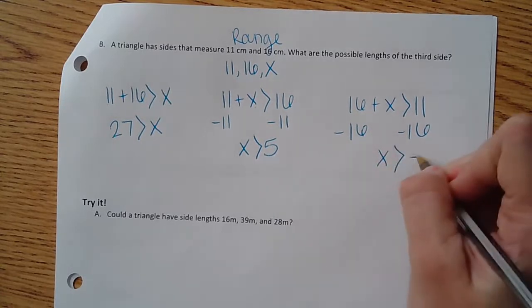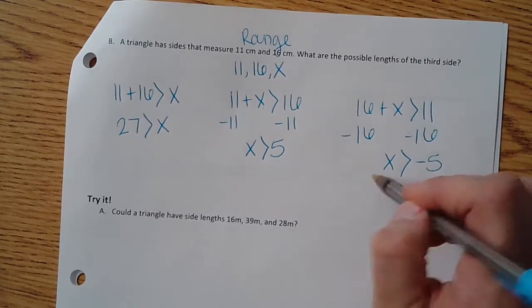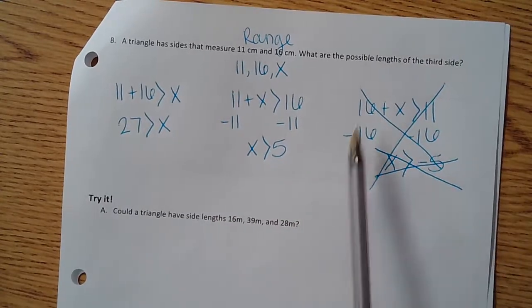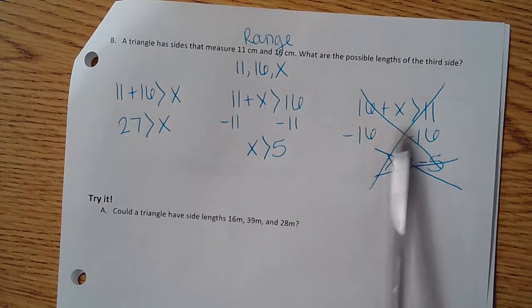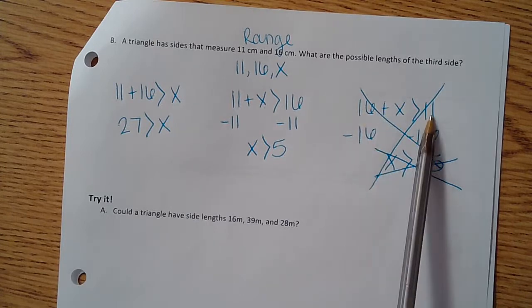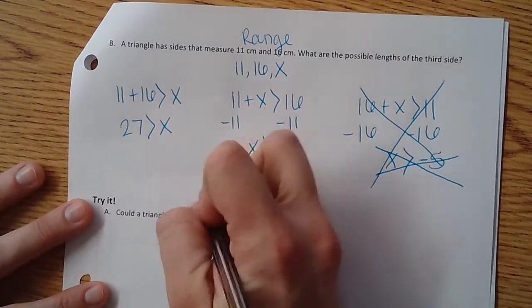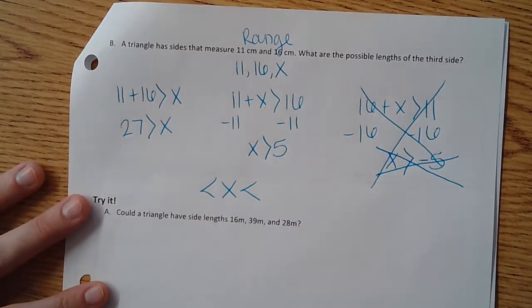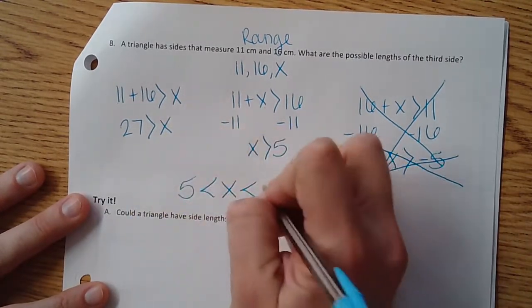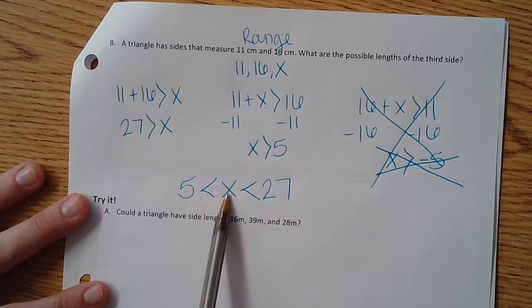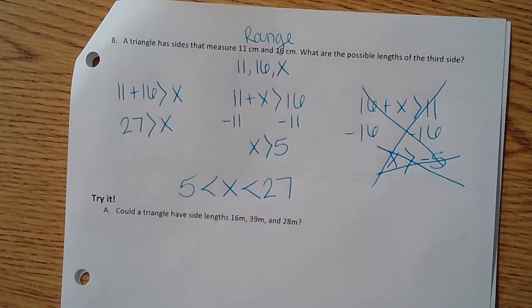I get x is greater than negative 5. That doesn't help us. A side length cannot be a negative number, so we actually don't have to do this. Right from the get-go, I know that this doesn't make any sense because 16 is already bigger than 11. So you don't need to solve this problem. What we can do is write a compound inequality stating that the range is between 5 and 27. x is going to be bigger than 5 but less than 27.